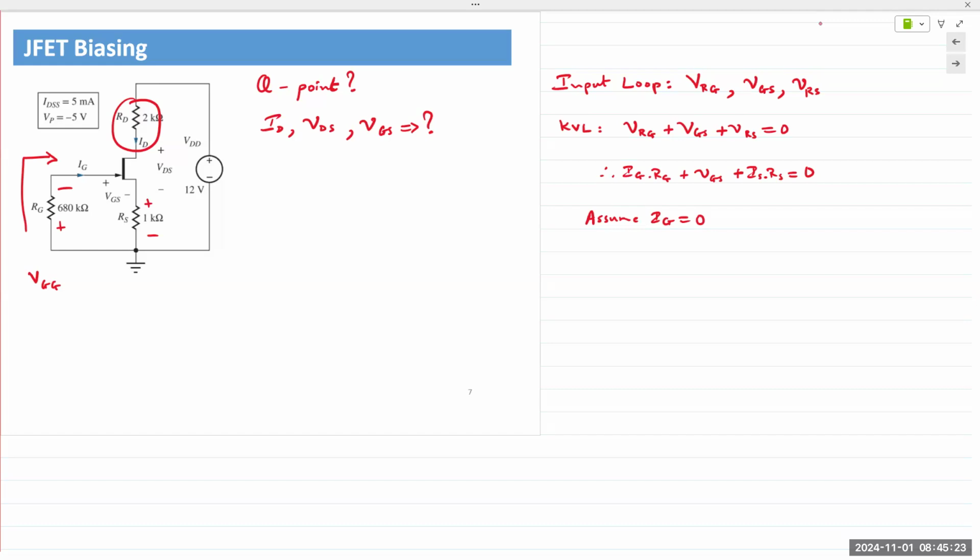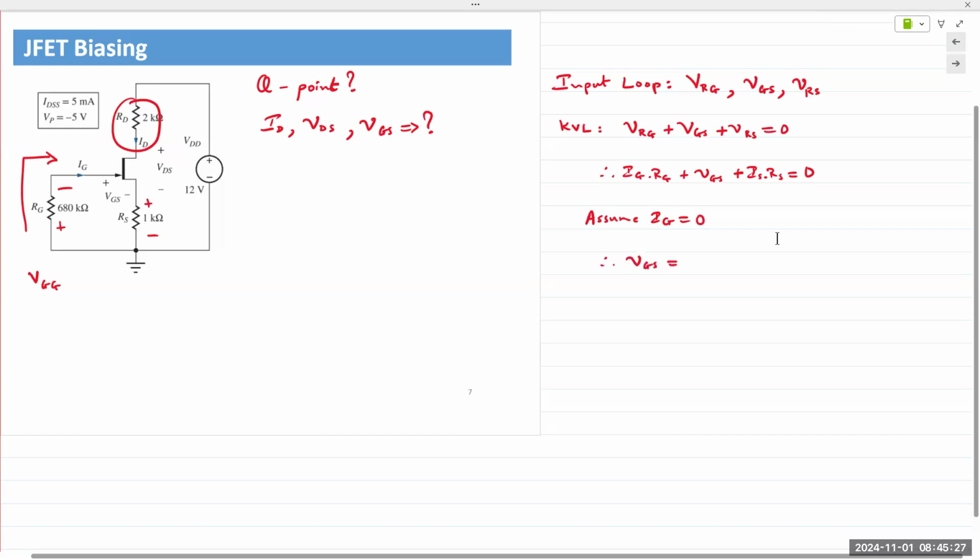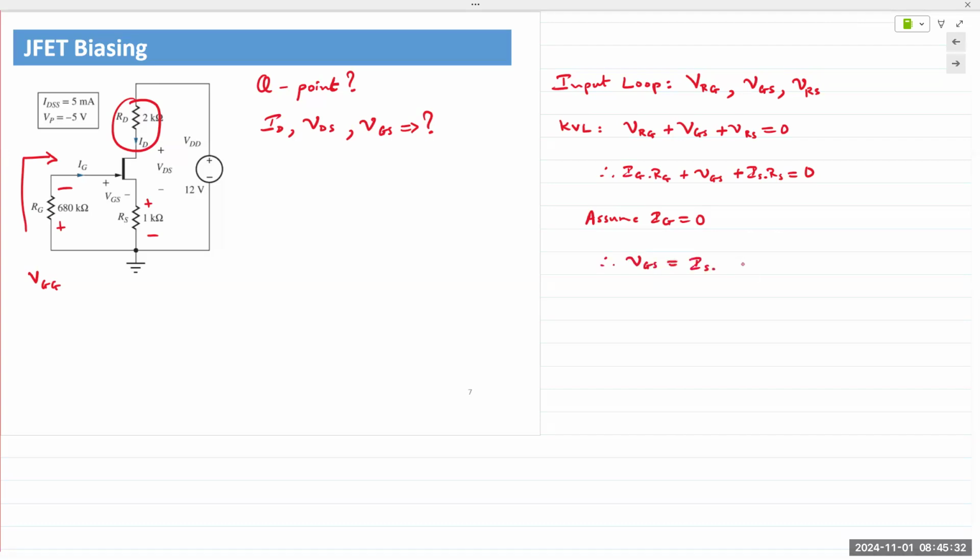And because it's 0, the remaining expression simply becomes VGS is equal to minus IS times RS.